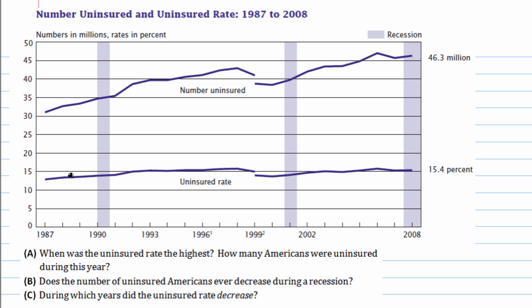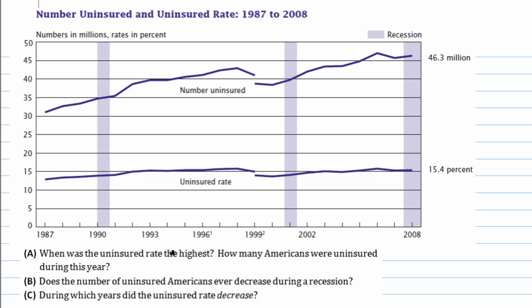So, for example, in 1990, there was an uninsured rate of roughly, it looks to me to be about 13%, maybe 13.8%, somewhere around there. And in 1990, the number of people in America without health insurance was near to 35 million.